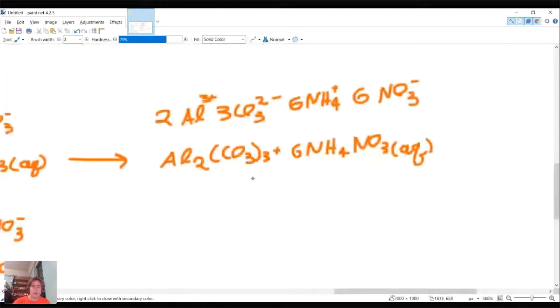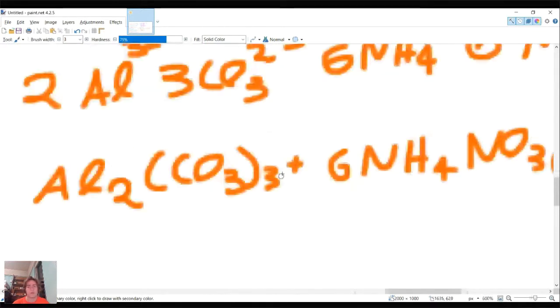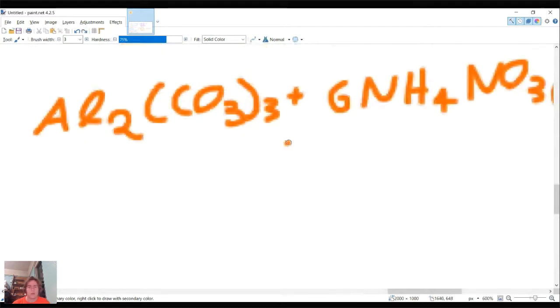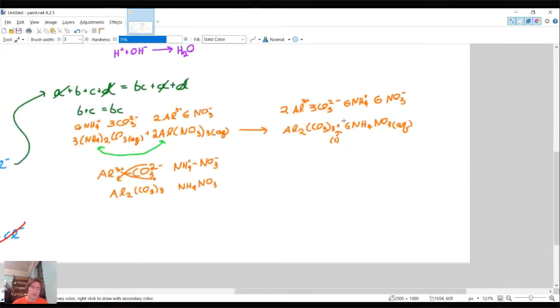And this is where not memorizing your solubility rules kind of screws you up, but it's safe to assume that this is a solid. And it actually is a solid by experiment. If it doesn't have potassium, sodium, ammonium, or nitrate, it's safe to assume that it's a solid. So now we're going to work with the net ionic equation here.